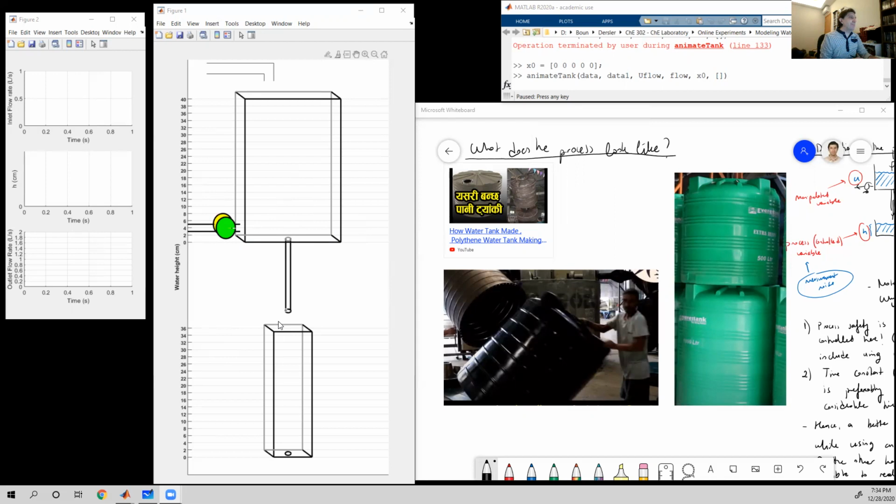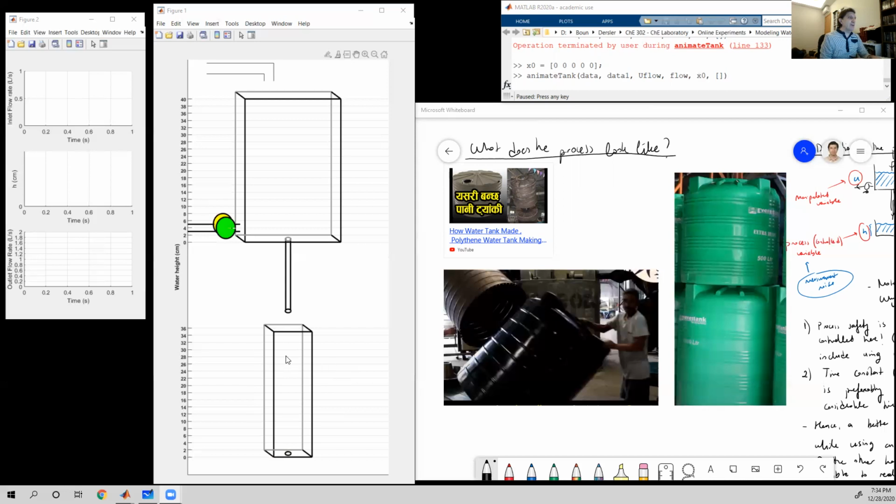Through this pipe, due to gravity and due to the pressure of water in this tank, due to its height, we are going to see some water, or something which looks like water, going out through this pipe, which is going to fill this tank.